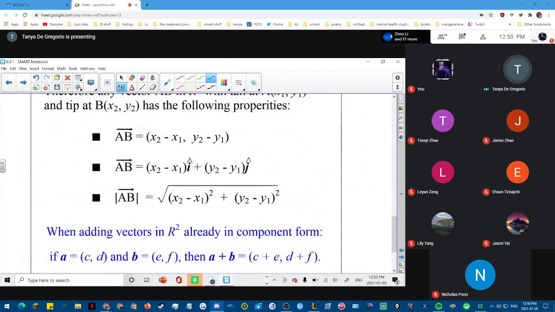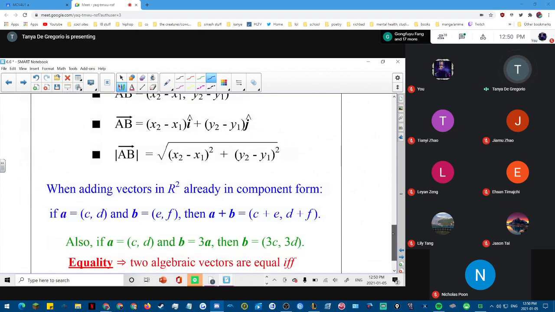In standard basis form, you just take those components and multiply them by unit vector I and unit vector J. The magnitude of that vector is the square root of x2 minus x1 squared plus y2 minus y1 squared. Again, it's just the Pythagorean theorem.